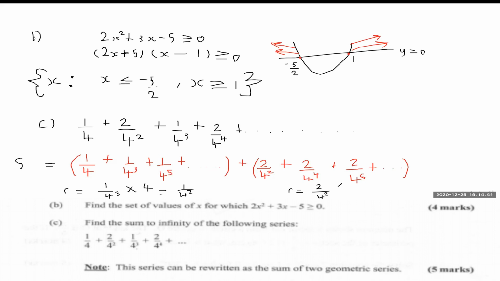Dividing by the first term is really multiplying by the reciprocal, which is 4 squared over 2. 2 cancels 2, and 2 times 4 squared over 4 to the 4th times 2 is just 1 over 4 squared. So both of them have the same common ratio.